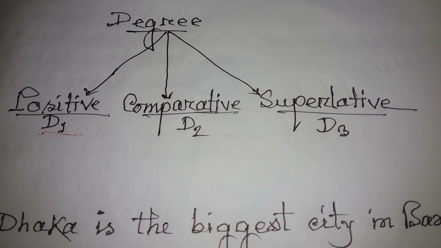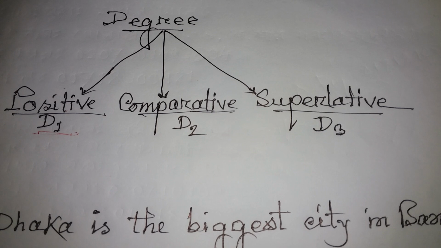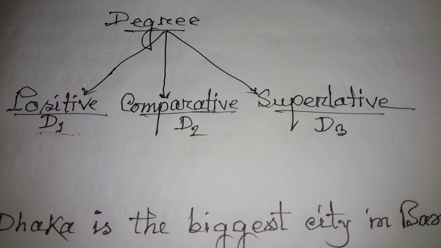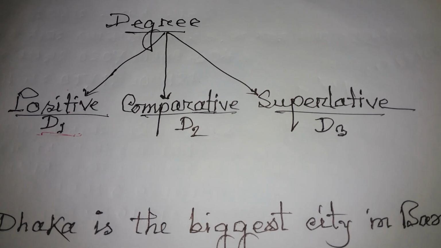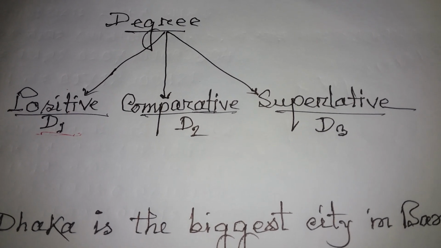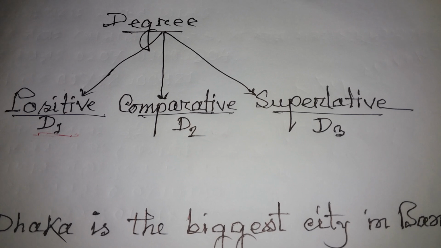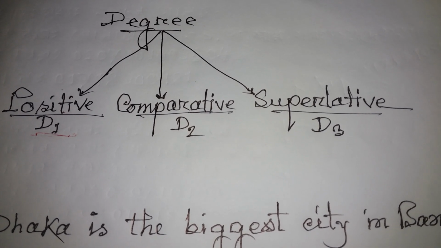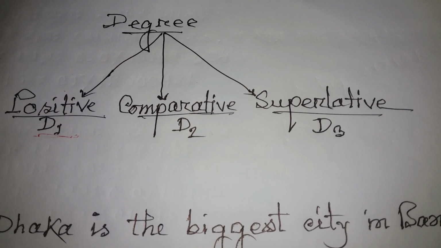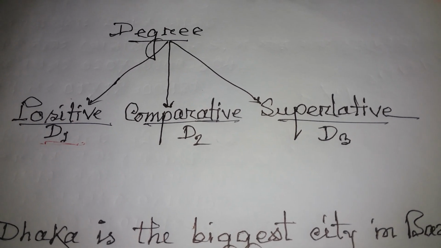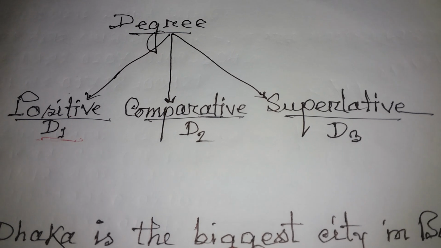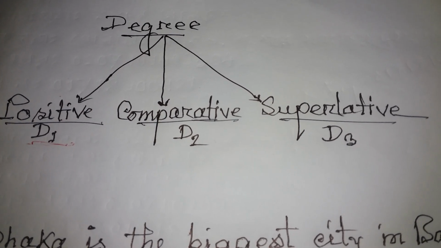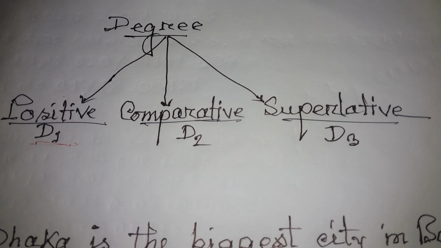Number 2, comparative degree. If there is a comparison between two things or persons, it is a comparative degree, and if there is a comparison among many persons or things, it is superlative degree.